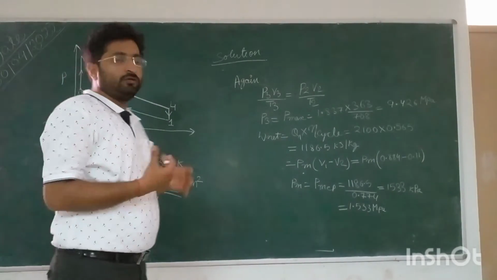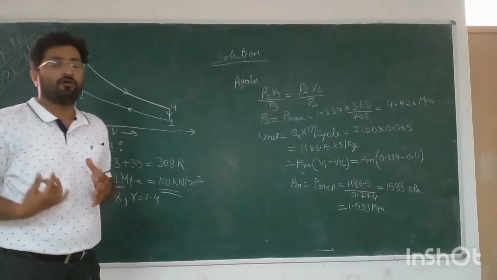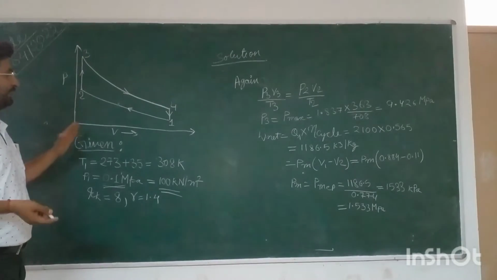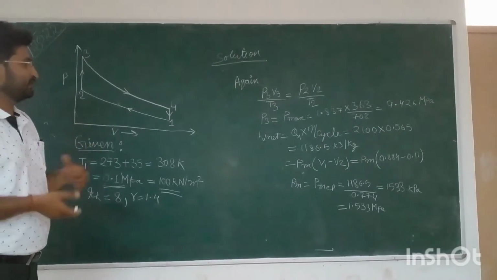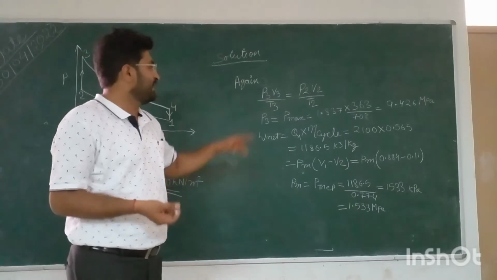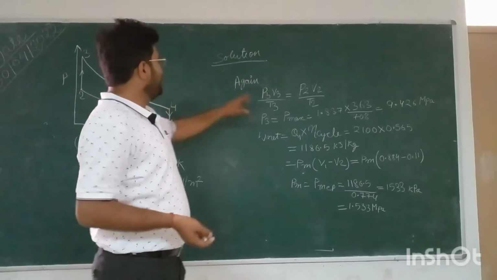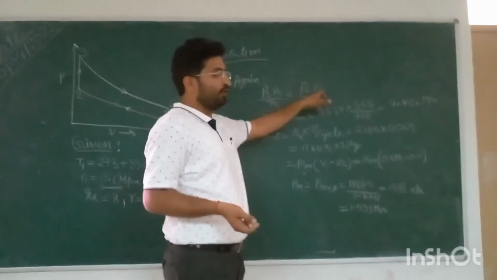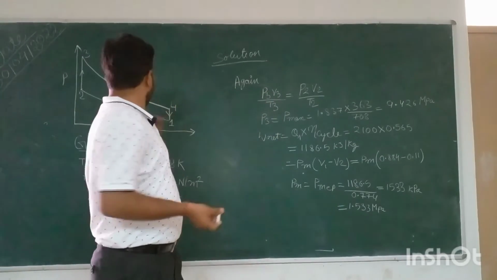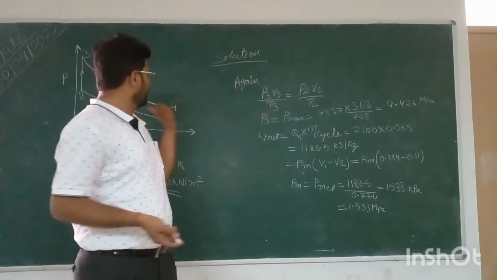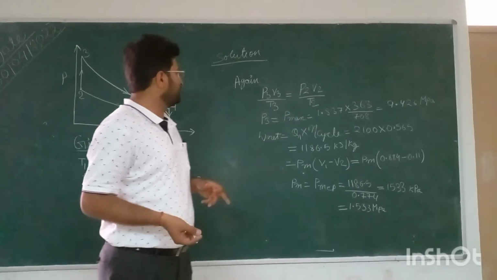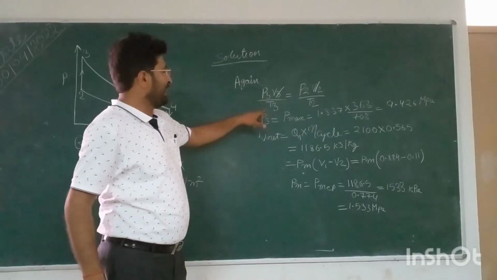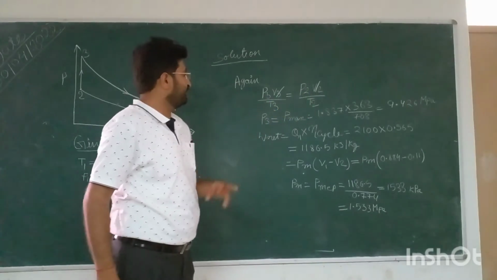So after calculating the value of P2, we know that process number 2 to 3 is a constant volume process. And for constant volume process, we have the relationship P3V3 divided by T3 is equal to P2V2 divided by T2. V2 and V3 are constant in this process, and we have the relationship P3 by T3 is equal to P2 by T2.